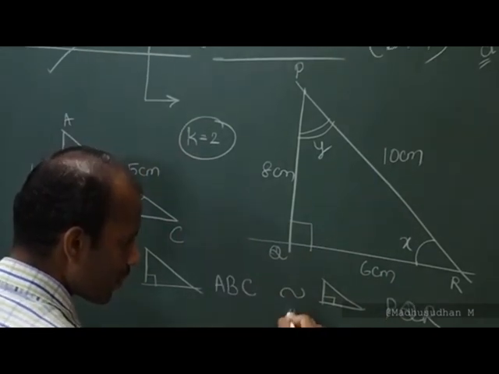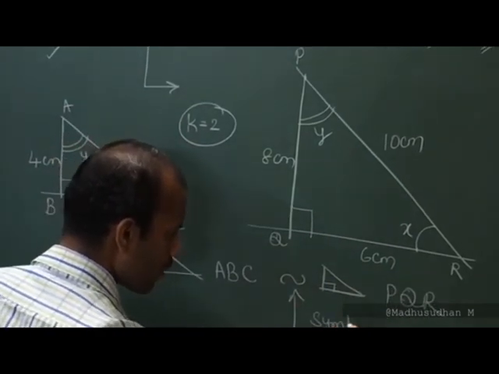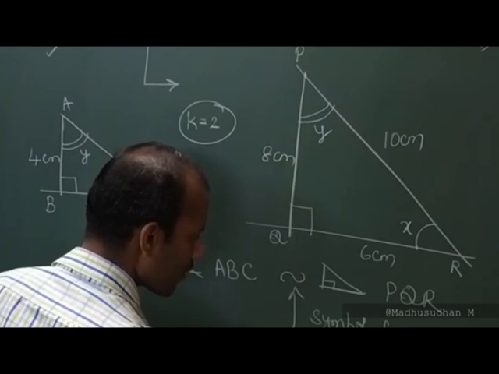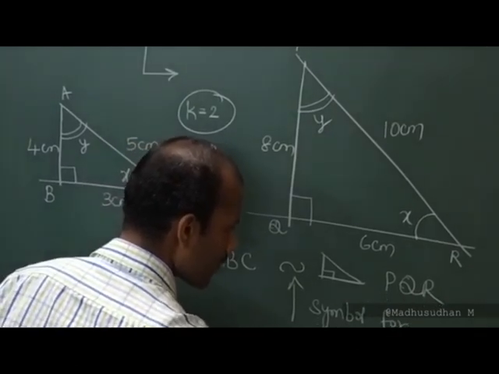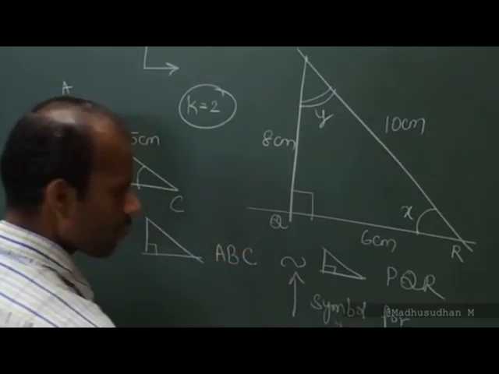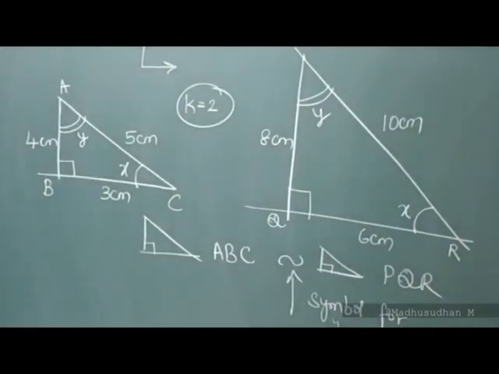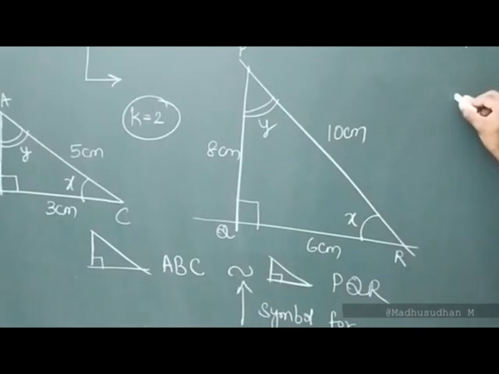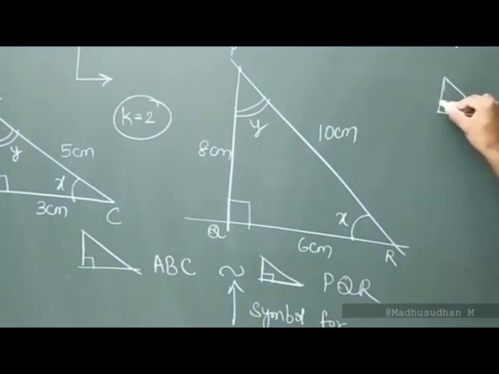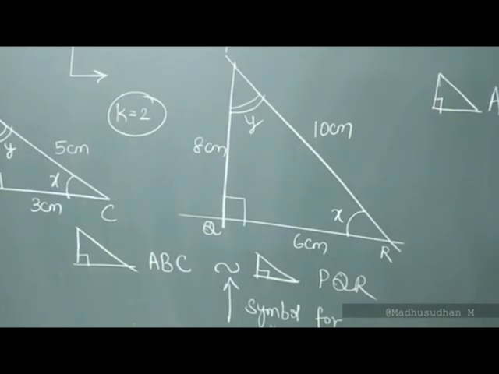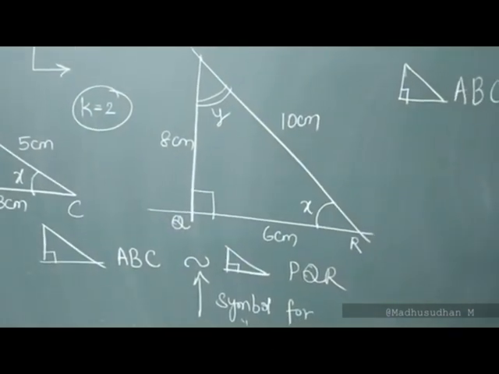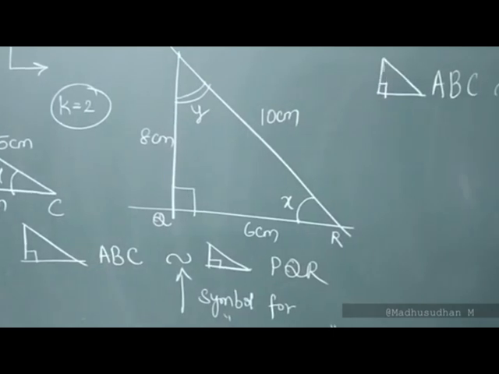Followed it? So this is a symbol for similar, similar to. Followed it? Then very important to be noted here, right angled triangle ABC is similar to right angled triangle PQR.